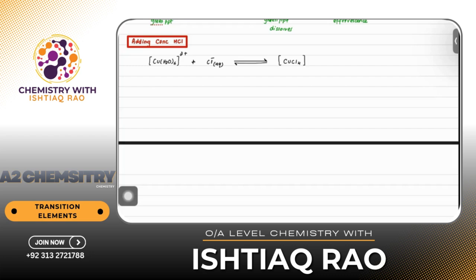Overall charge is 2 minus. It should be 4Cl minus to balance this equation, and 6H2O. This is aqueous because it has a charge. I told you this one. So it would be yellow in color. Pale blue solution to yellow color.